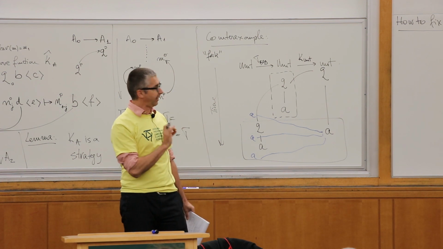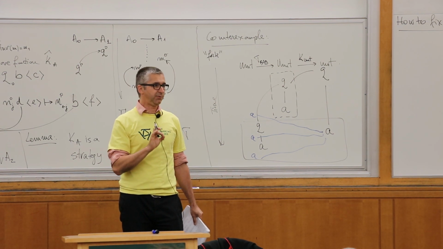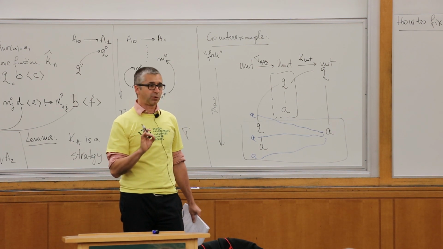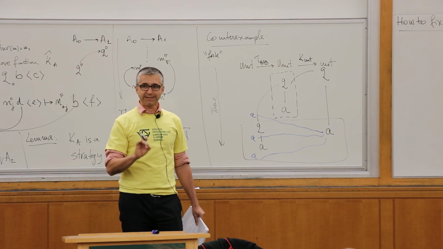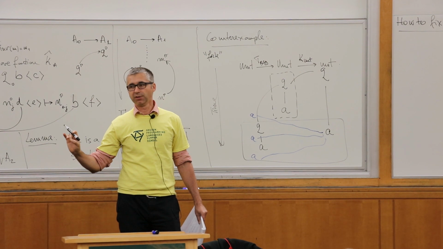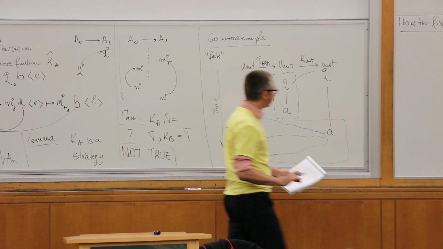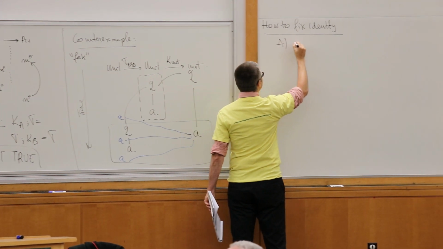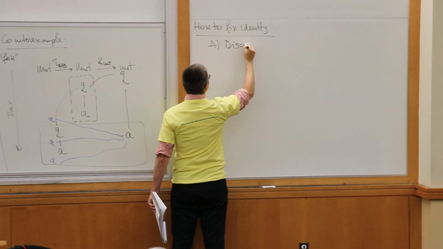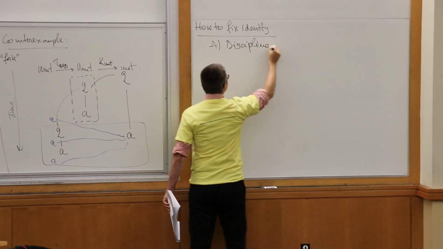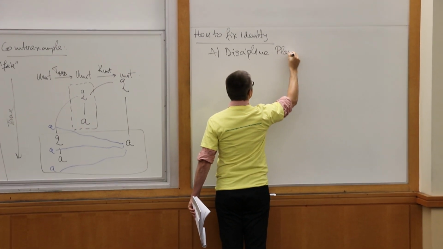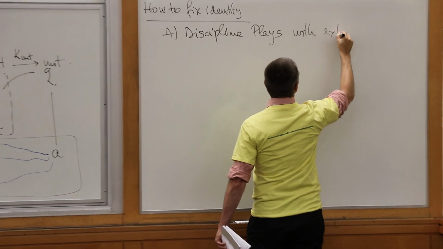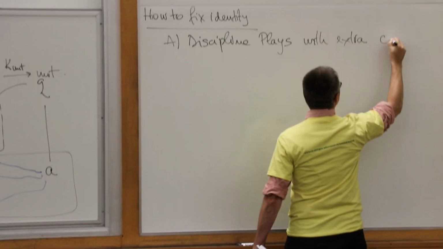But now, if we want to have an identity, we have to take some measures, we have to make some compromises which are going to make sense only relative to particular languages. Because we need to do a discipline plays with extra conditions.